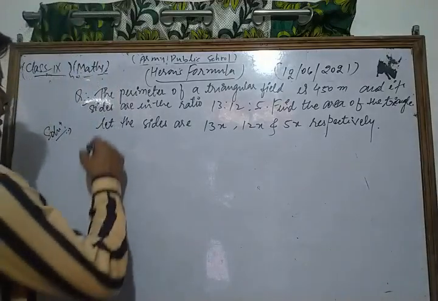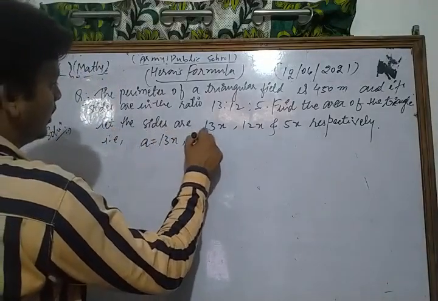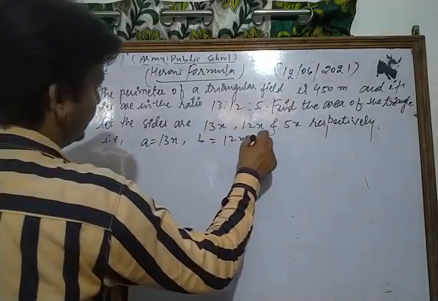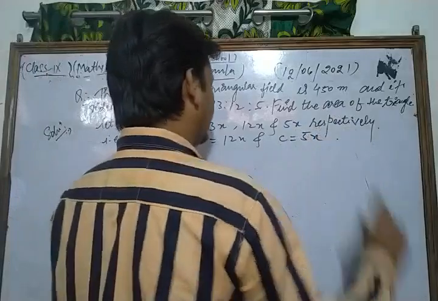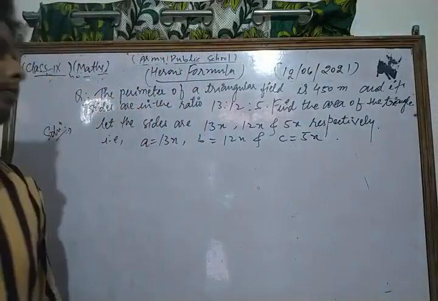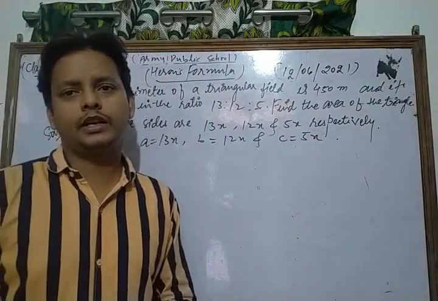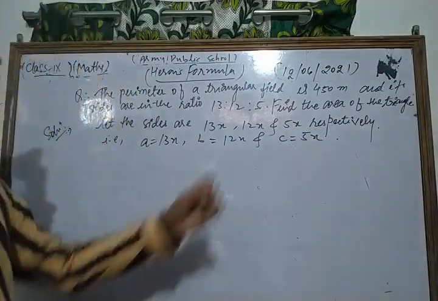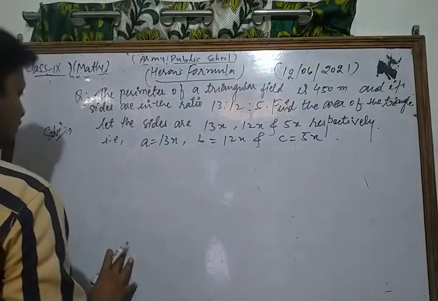That is, side A is 13x, side B is 12x, and side C is 5x respectively. Okay, now the perimeter is also given in that question, which is 450 meter. This is the perimeter of the triangular field.